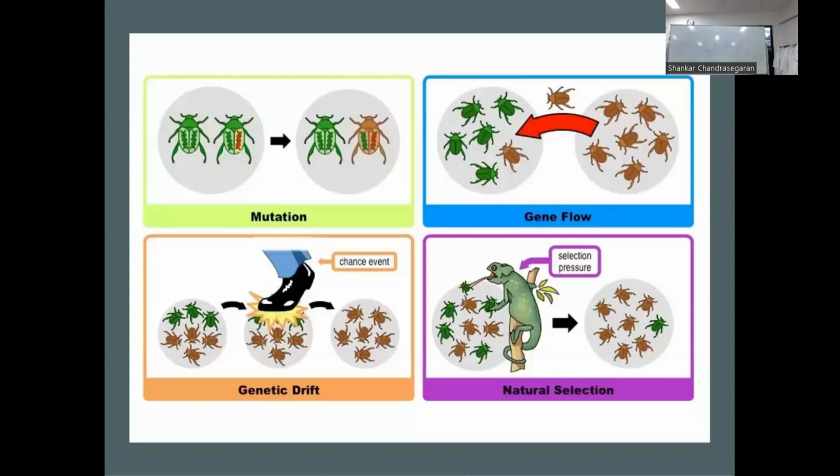Natural selection, that's when a selection pressure is actively selecting against a trait and selecting for a trait, allowing that trait that is selected for to pass on its advantageous alleles to the next generation, meaning that trait will become more prominent in terms of its alleles in the next generation.